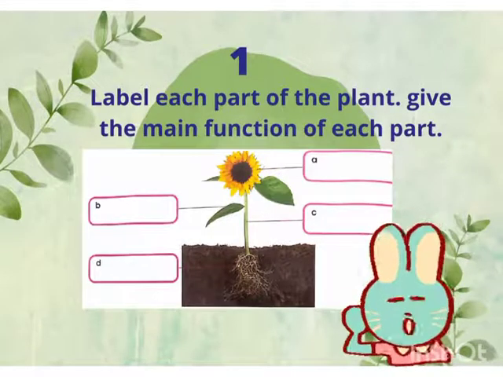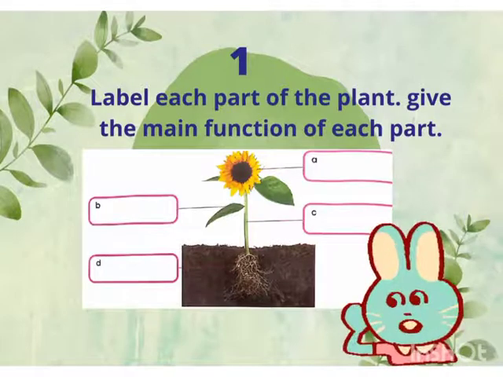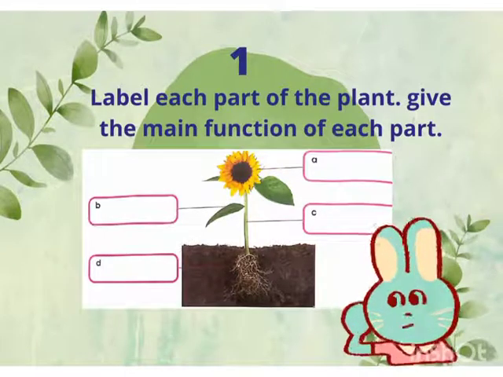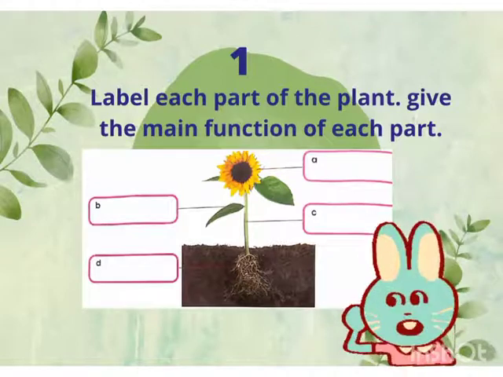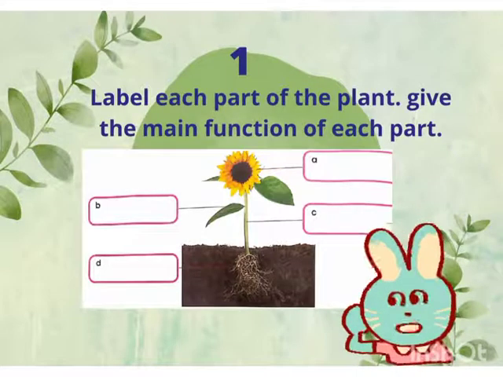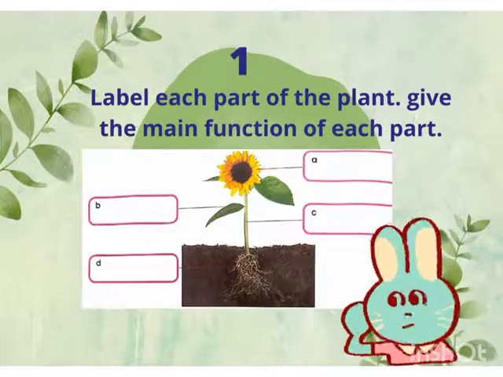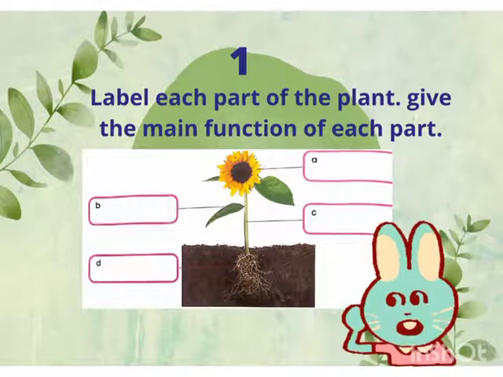The function of part A is where seeds are made. Part B makes food for the plant. And part C supports the plant and keeps it upright. And part D absorbs water and minerals from the soil. Good job, Alvaro. Thank you. We go to the next question.